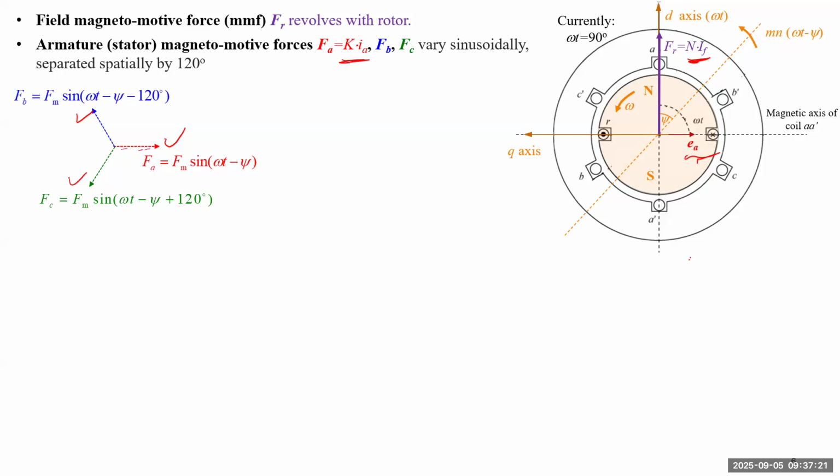This dotted arrow indicates the positive direction for FA, but FA is proportional to the instantaneous current in winding A. So there's a sinusoidal wave in this direction, where the value changes sinusoidally. FB is also a sinusoidal function changing in its direction, and C is the same. So there are 3 directional phasors, and the length of each one will change periodically.